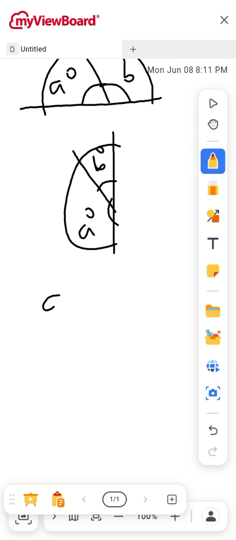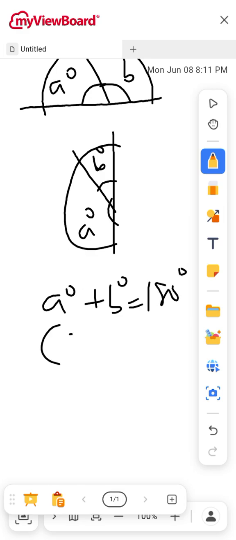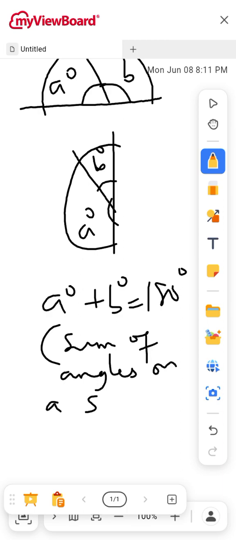That means that A degrees plus B degrees will give us 180. The sum of angles on a straight line is 180 degrees.